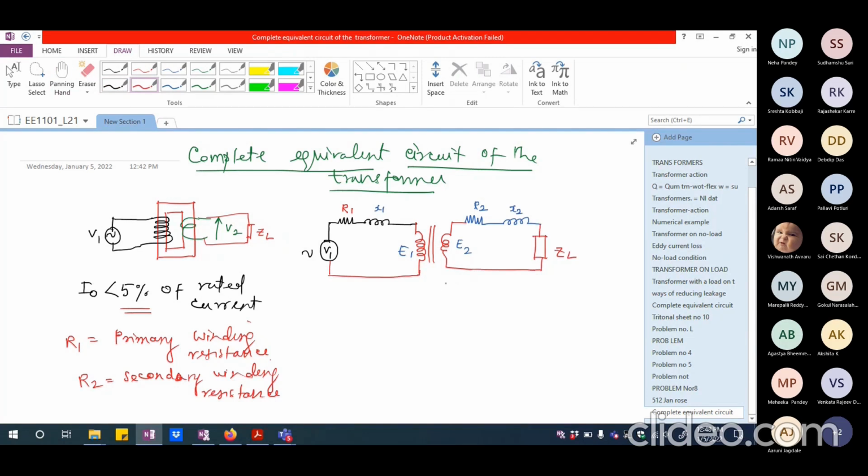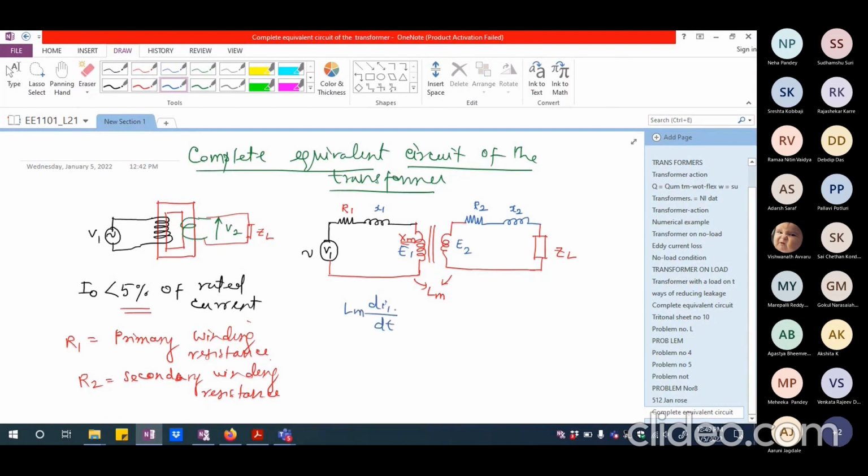Okay. So if I have to account for that, I should in fact show it as though there is a reactance by name Xm here. Xm is actually the mutual inductance, if I may call the mutual inductance between these two as Lm. That is, whatever is the current that is flowing here, that is going to induce an EMF here. And whatever is the current that is flowing here, that is going to induce an EMF here. So when I look at whatever is the primary current, that is dI1 by dt multiplied by Lm.